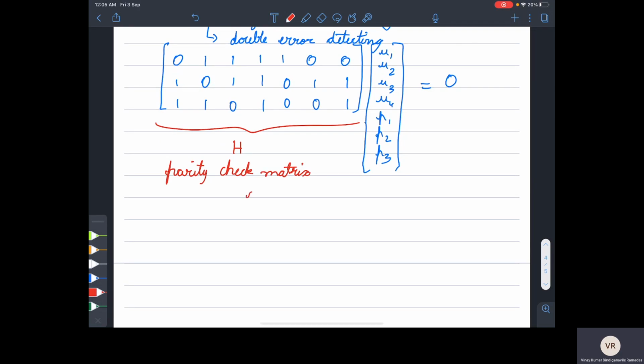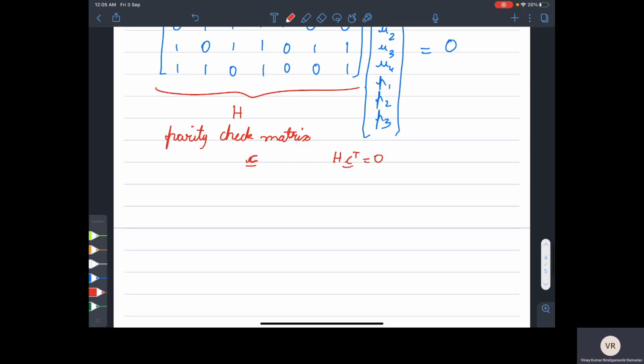What this is saying is all the code words, if you denote the code words by C, then H times C transpose is equal to 0.